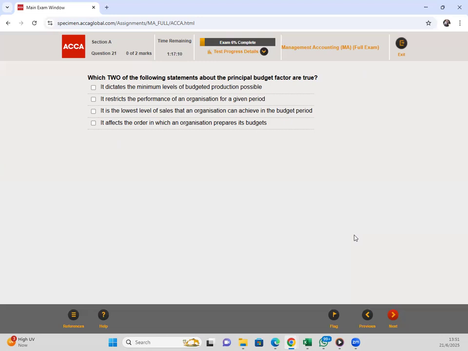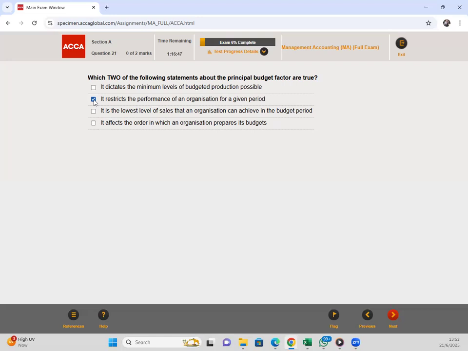The principal budget factor detects the minimum level of budget production possible. It restricts performance. Yes, I think it restricts because it's limiting us. We can't go beyond that level.